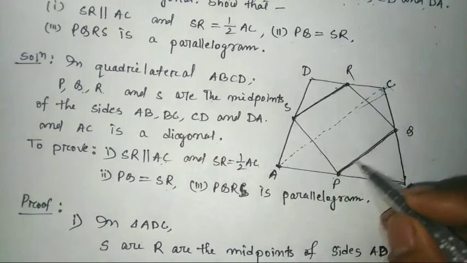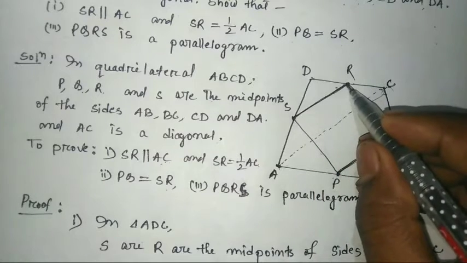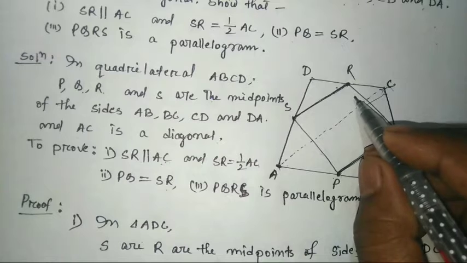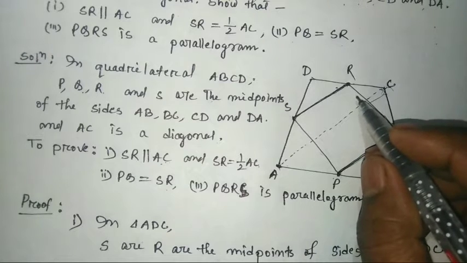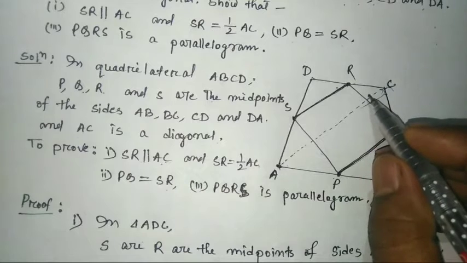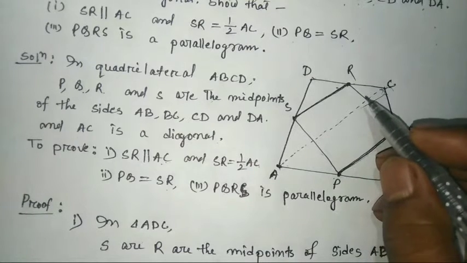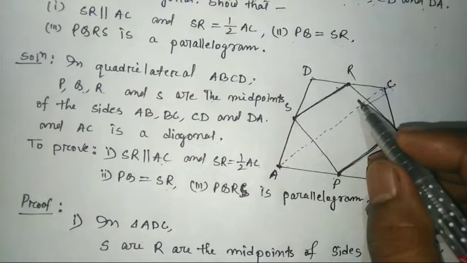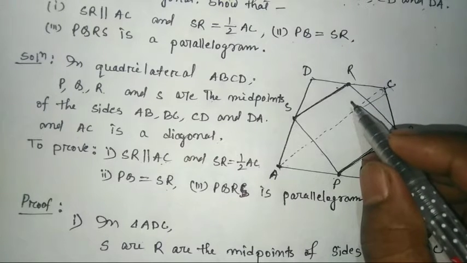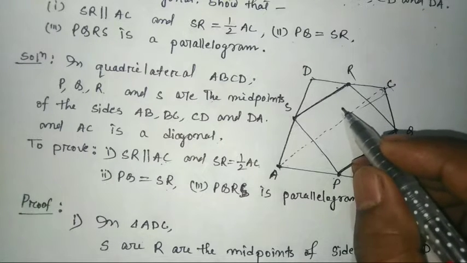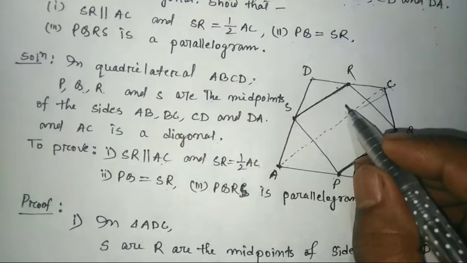And also PQ is parallel to SR. So from the definition, a parallelogram is a quadrilateral in which one pair of opposite sides is parallel and equal. Why one pair? Because when one pair of opposite sides is equal and parallel, then the other pair will automatically be equal and parallel. Otherwise one pair will not be parallel.